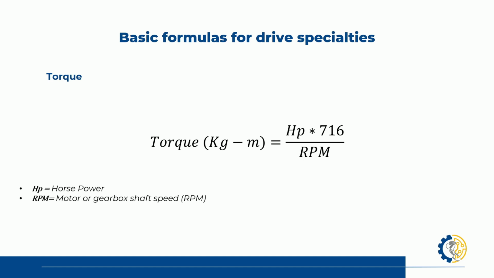Now, what is this for? Just simply put, if we have an application, let's suppose an application where they're telling us that to be able to move an elevator, we need a torque, I don't know, let's say for 20 kilograms per meter.